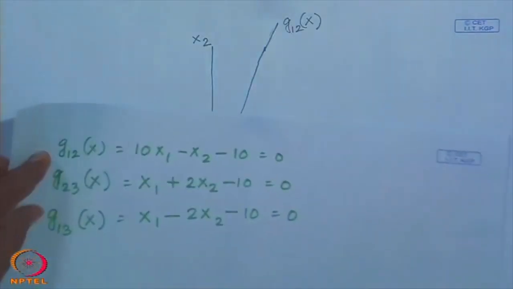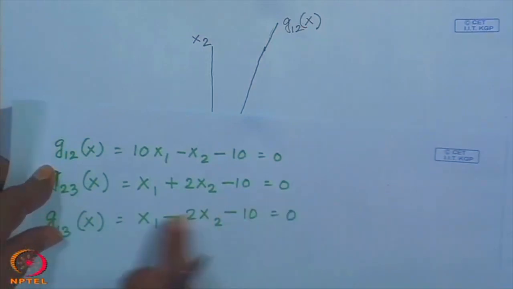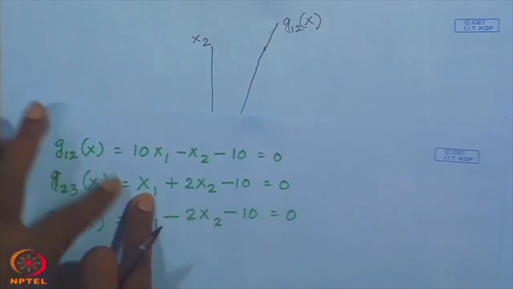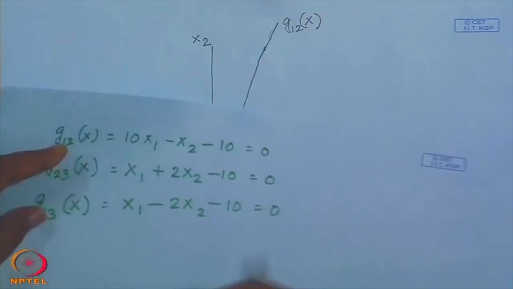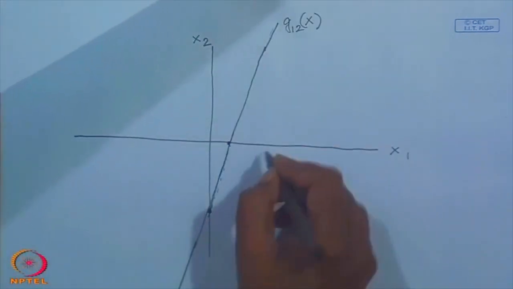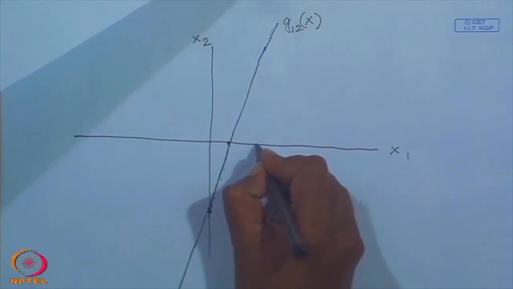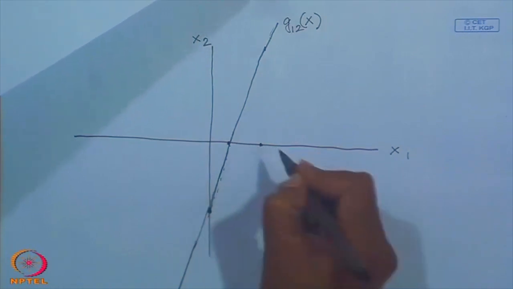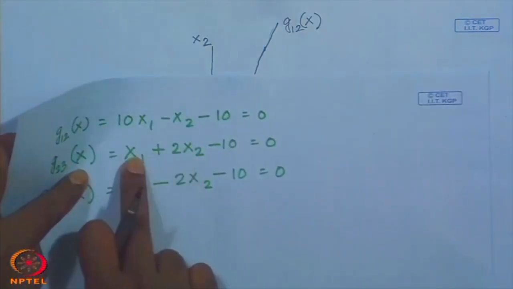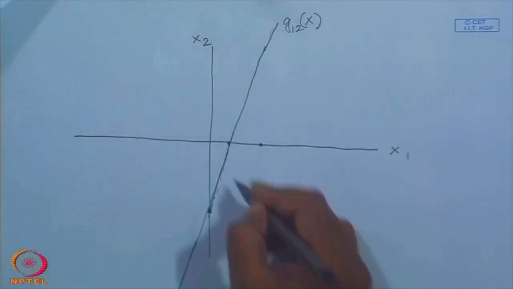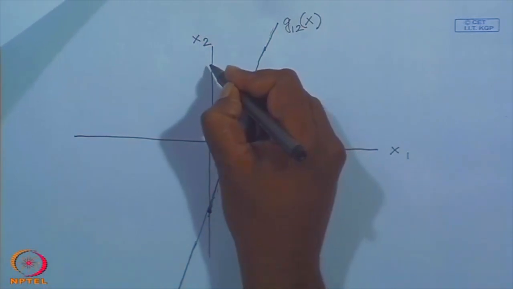Coming to the next one, g23x. If I put x1 is equal to 0, x2 will be equal to 5. So, 0, 5, which will be a point say somewhere over here, and if I put x2 is equal to 0, x1 will be equal to 10.